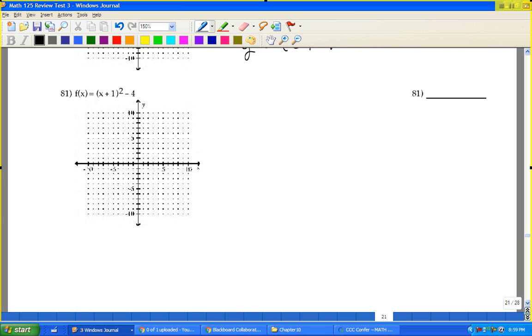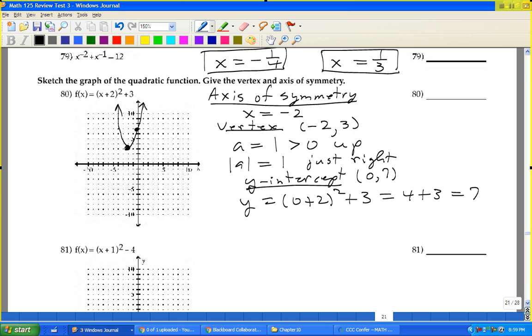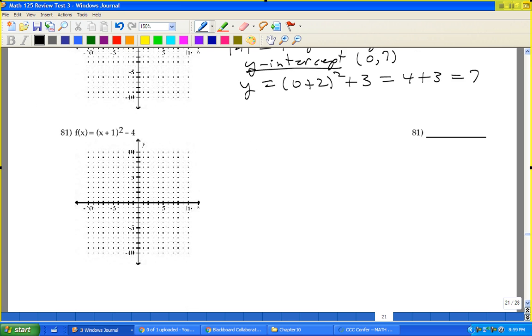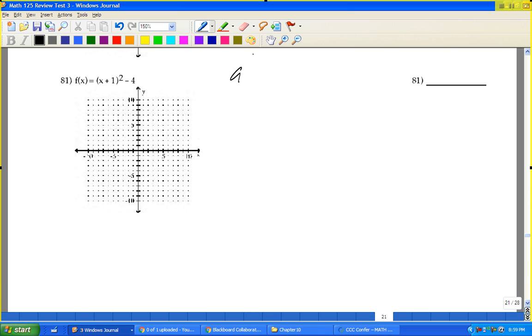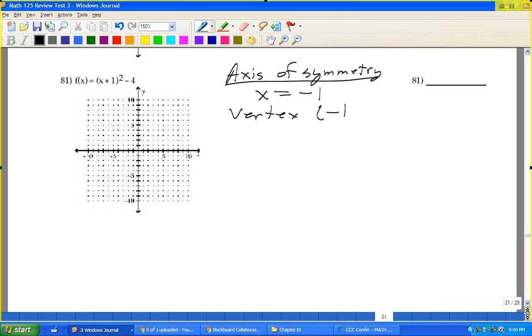Okay, let me do problem number 81. So let's find the axis of symmetry. Which is just going to be x is equal to, again, you just change the sign here, negative 1. Let's find the vertex. So the vertex is the same as the x-coordinate here, and it's whatever is out here, which in this case is a negative 4.